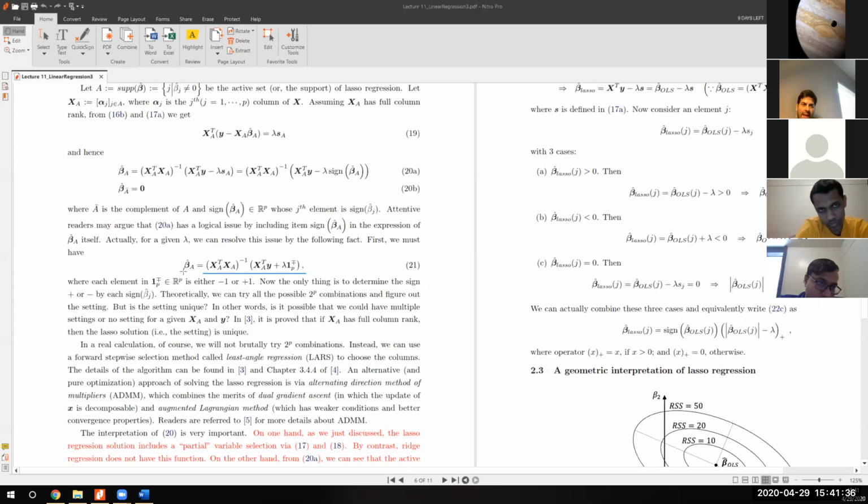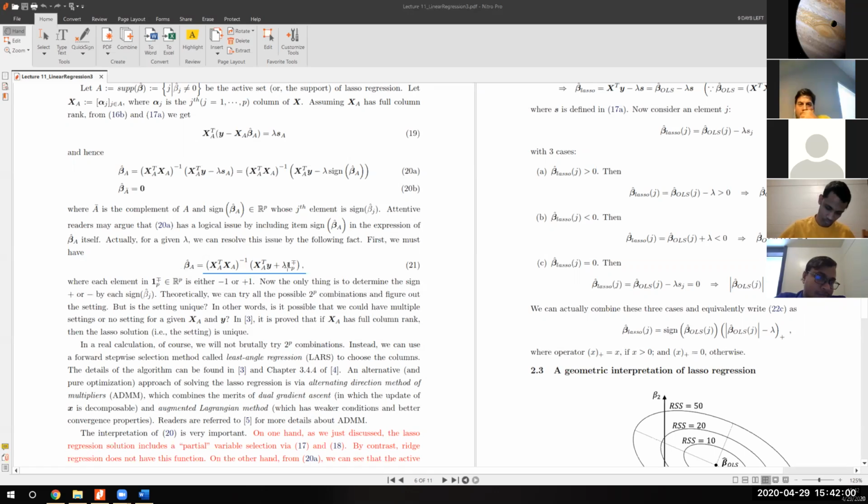Then for sure you get this sine beta AJ to be +1. If adding this part makes it negative, then for sure you get it equal to -1. But what if it is between them? Then you may have a problem. Because if it is between them, which one should I choose?